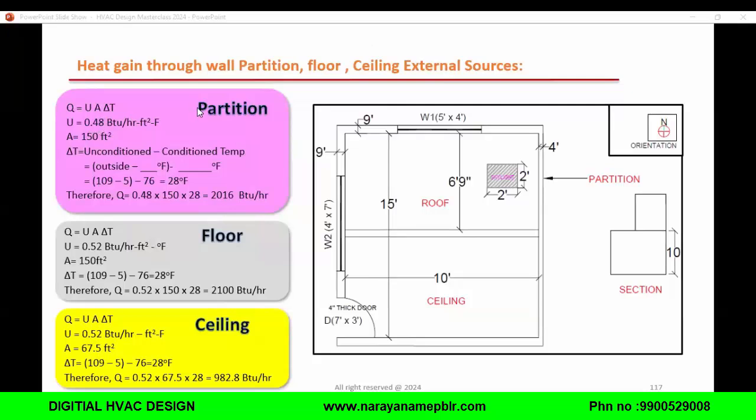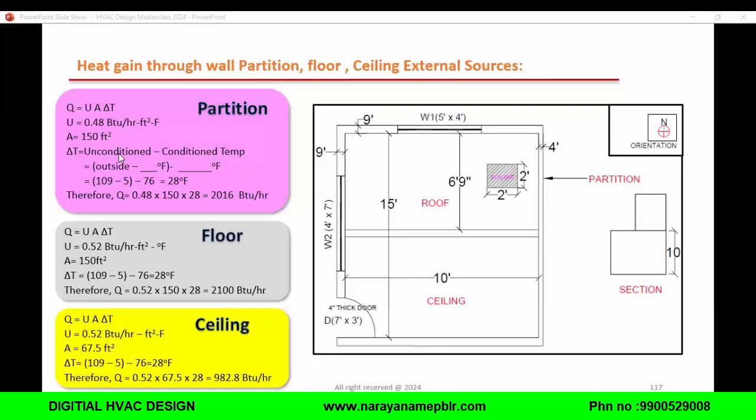Next, heat gain through wall, partition, floor, ceiling. Wall we have completed. Now for the partition. U value we already got previously. A is 15 by 10 we have, and del T. Del T is outside unconditioned space minus conditioned space.